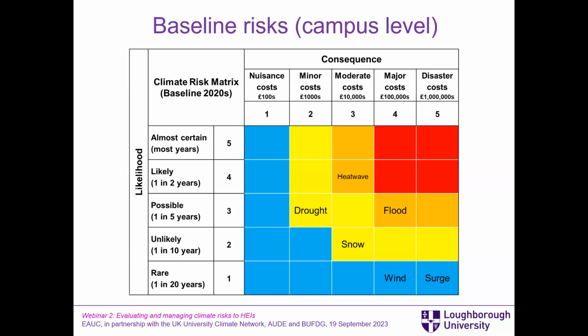So you might again like to think, where might my risk entities sit within this matrix? So that would be based on present occurrence and consequence information gathered locally.